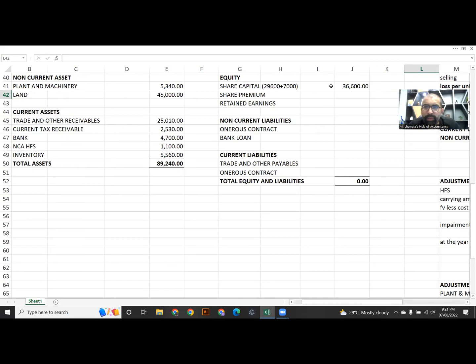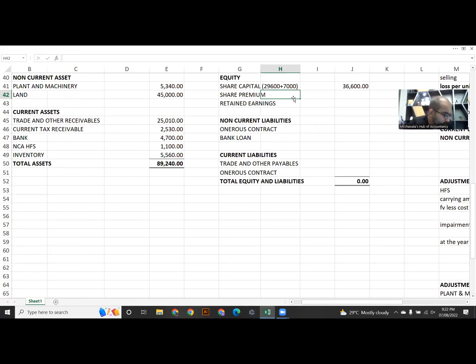Now share premium. How much is the share premium already? Share premium and other component of equity is the same thing. Relax. Sometimes in the latest questions they don't use the word share premium. So share premium and other component of equity, OCE, is the same thing.